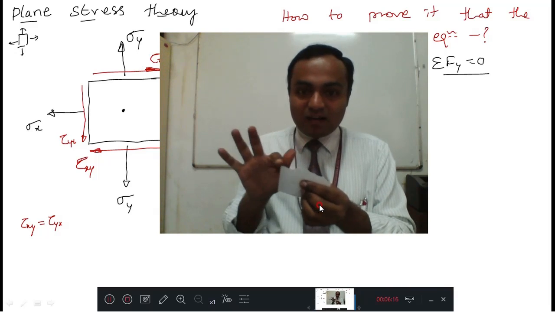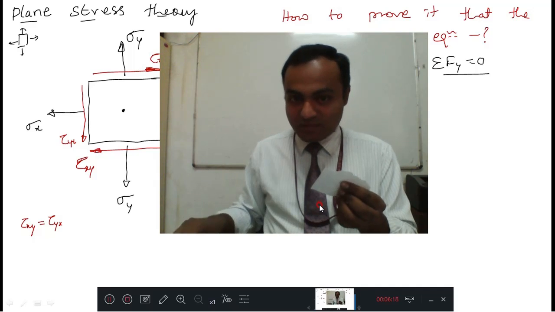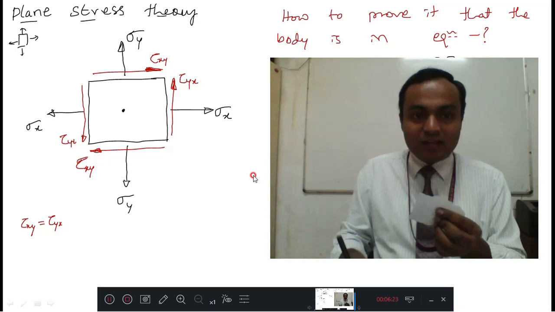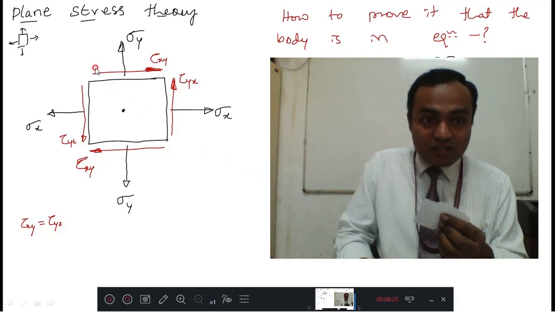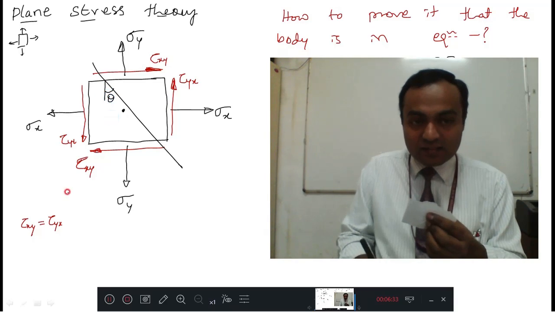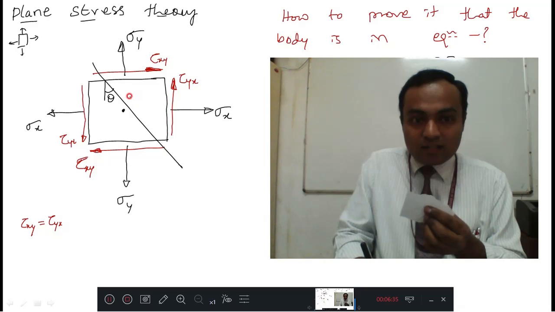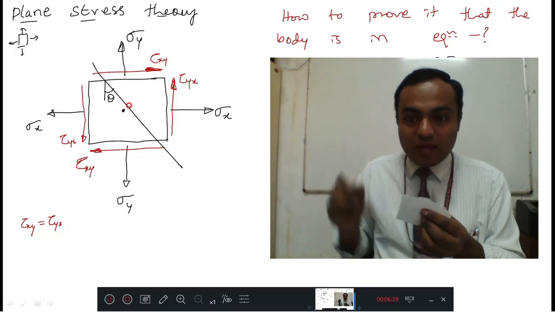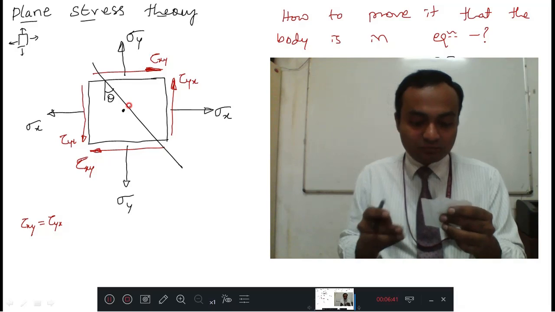This I will call a plane of interest, but actually it is a failure plane. Now, if I draw one line or one plane at some angle theta, this is one plane. At this plane, how much and which type of stresses will be acting, that I need to see.